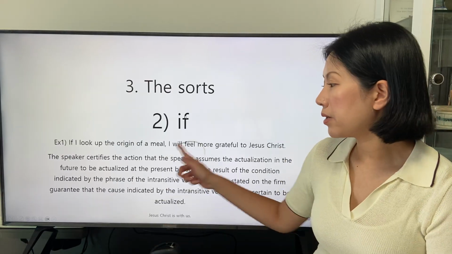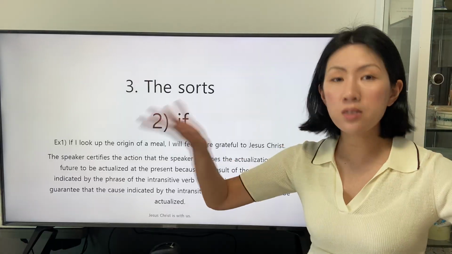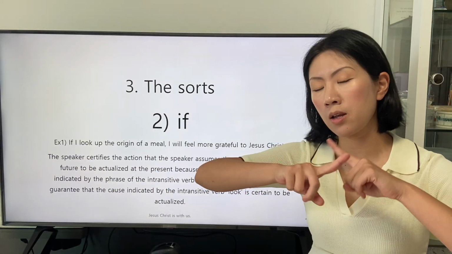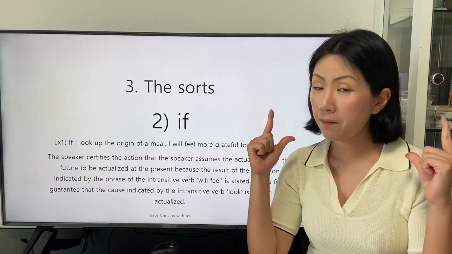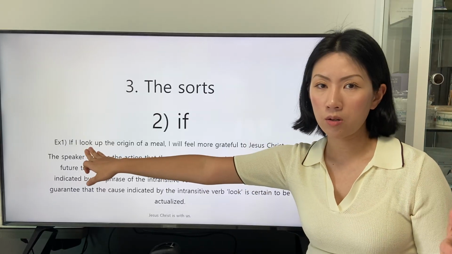This explanation is about the reason why the speaker does not apply the future tense in the subordinate clause.